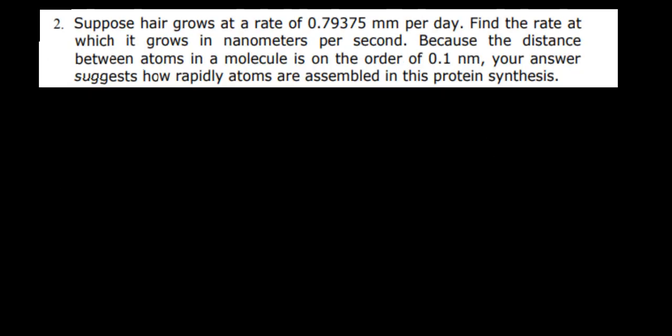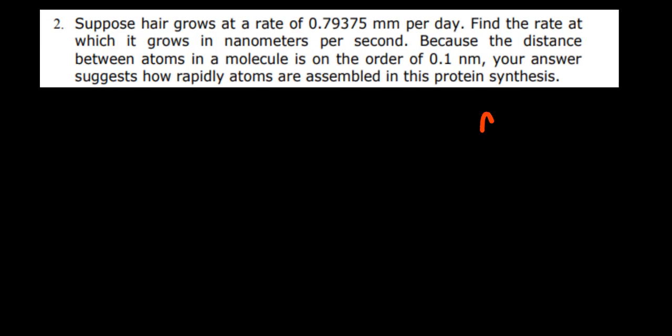Let's solve the second question. Now we are told to suppose, okay, there is a supposition here. Suppose hair grows at a rate of 0.79375 millimeters per day. Find the rate at which it grows in nanometers per second.